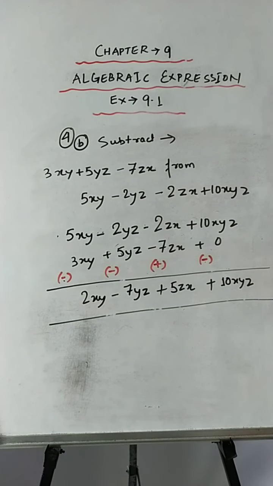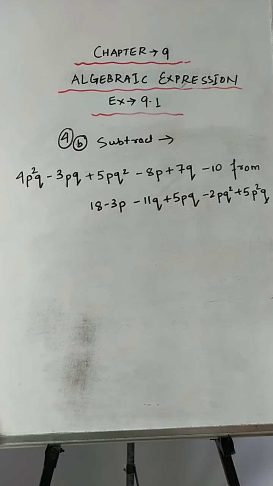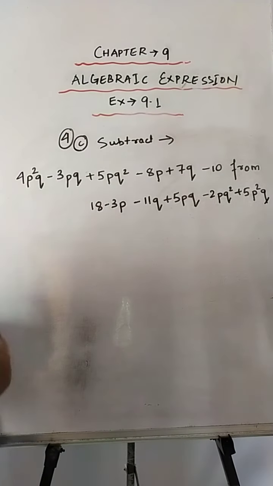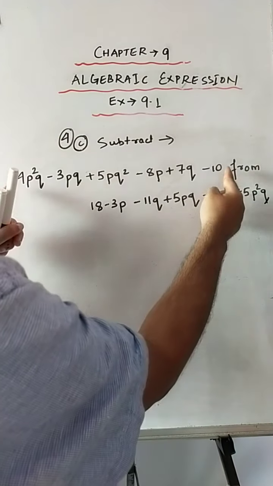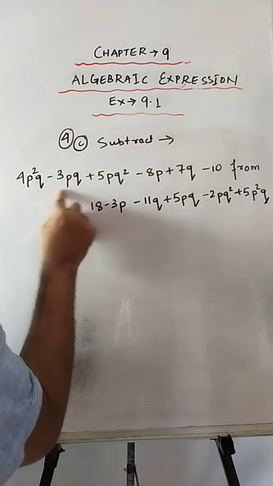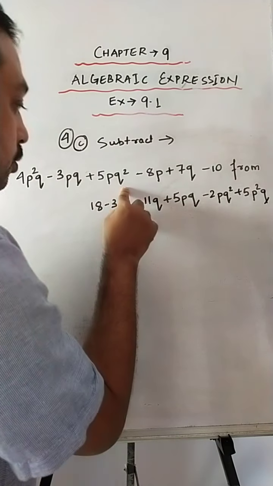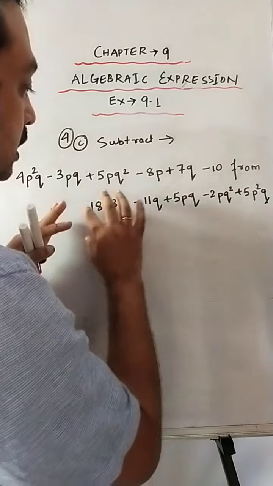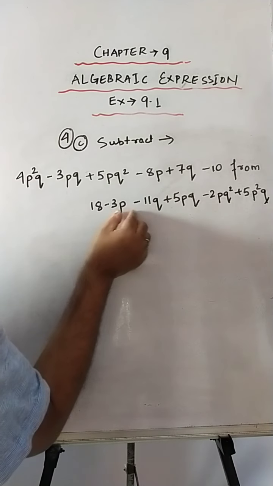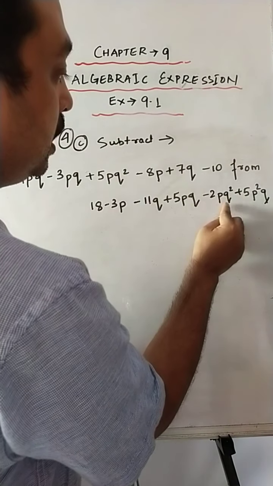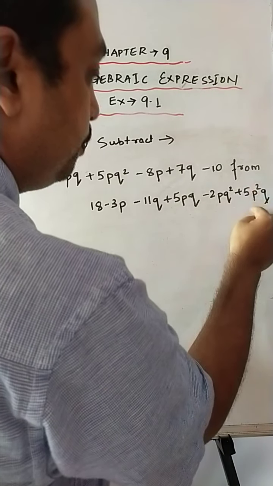Now let's move on to the last sum of today's session. That is sum number C of question number 4. So this is sum number C, students. Sum number C of question number 4. So this is a big first expression we have given. 4p square q minus 3pq plus 5p q square minus 8p plus 7q minus 10 from this expression. 18 minus 3p minus 11q plus 5pq minus 2p q square plus 5p square q.